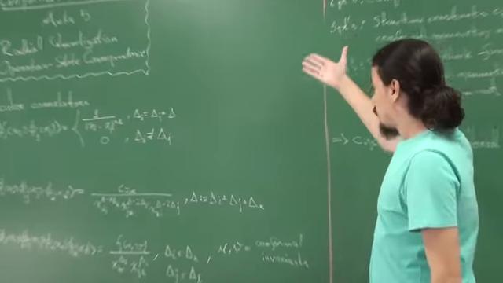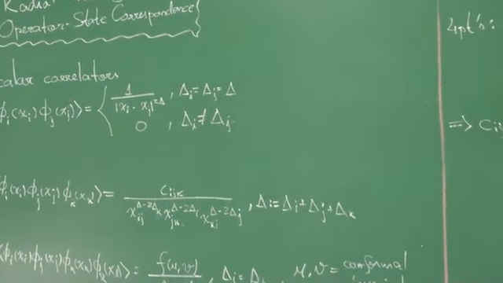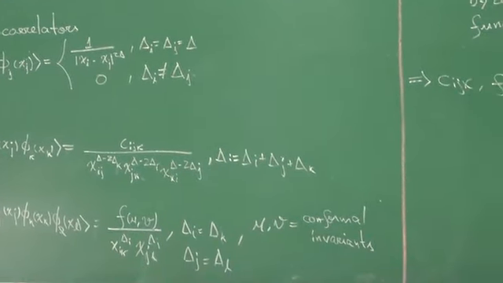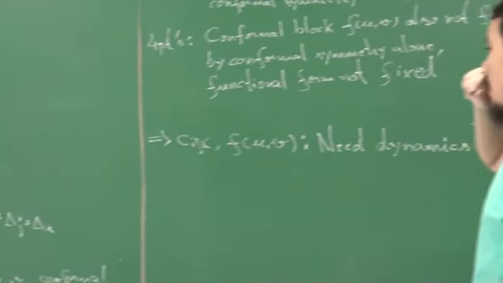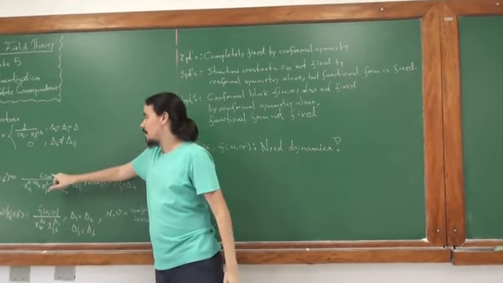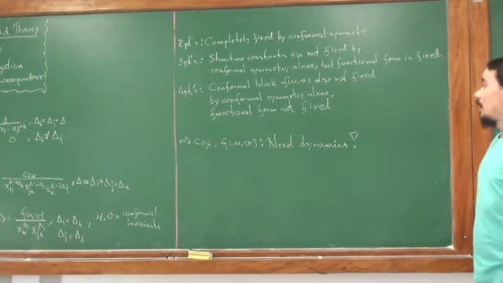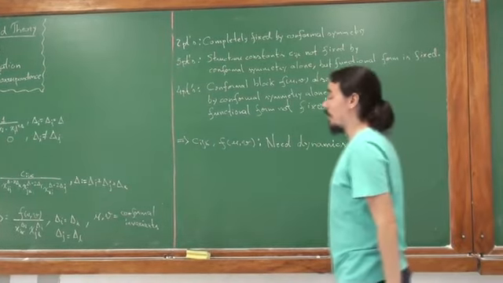The important feature is that the 2 point functions are completely fixed by conformal symmetry. The 3 point functions have the functional form completely fixed, but this structure constant C_ijk is not determined by conformal symmetry alone.